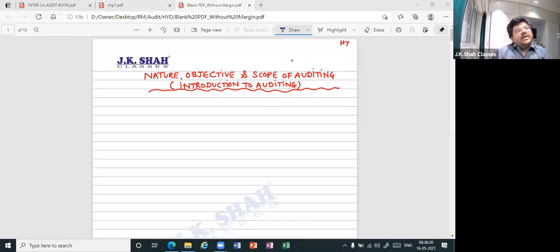Talking about your auditing subject, it is paper 6, which is for 100 marks. So entire 100 marks theoretical, not a difficult subject. The only thing required for the purpose of auditing is good language. If you have good English language control, then trust me, you can easily score very high in auditing.